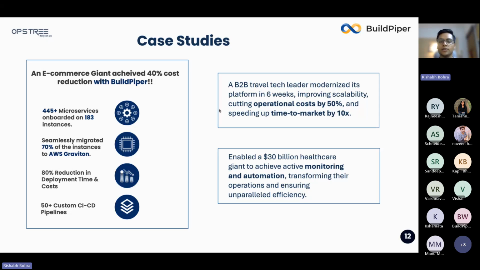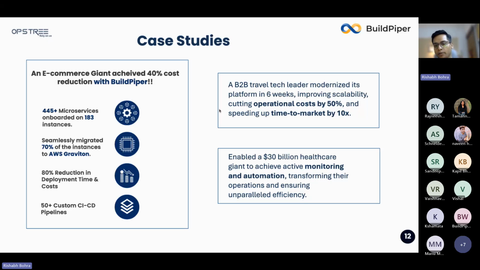They also had a use case where they needed to migrate to AWS Graviton for cost saving. And then there was an 80% reduction in the deployment time and cost, because before that their process was haywire: some of the process was automated, the other was manual, and there was a lot of struggle with standardization as well.